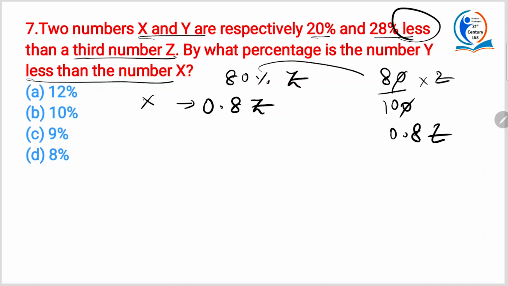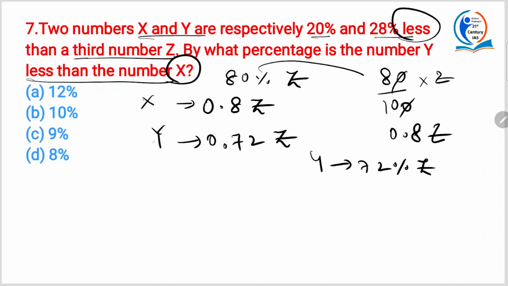Alright? Yeah. Now what is y? It is 28% less than the third number, which means y is 72% of z. Now in decimal format, what is it? It is 0.72 of z. Now, by what percentage is the number y less than the number x?